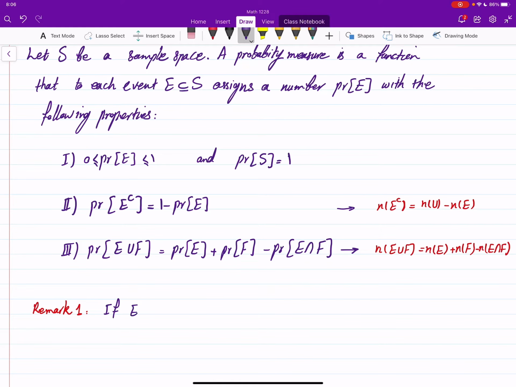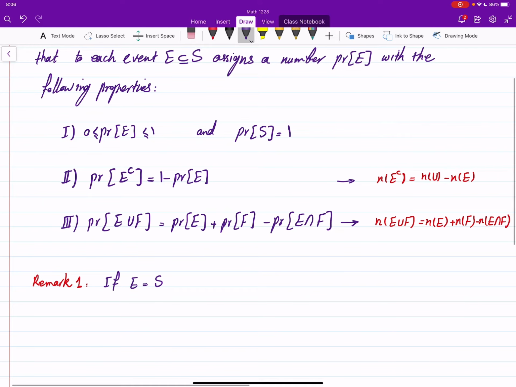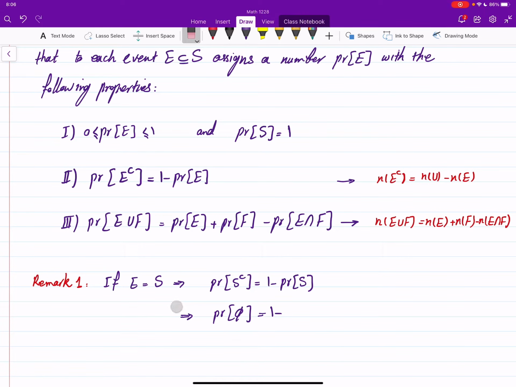If E is equal to S, then probability of S complement, using property 2, must be equal to 1 minus probability of S. Well, S is the universal set here, so the complement of that will be the empty set.